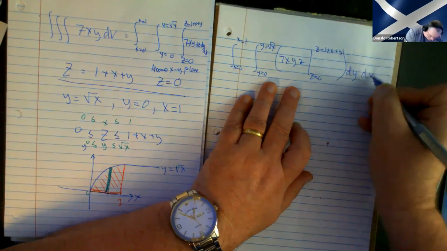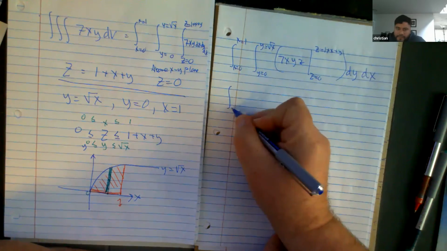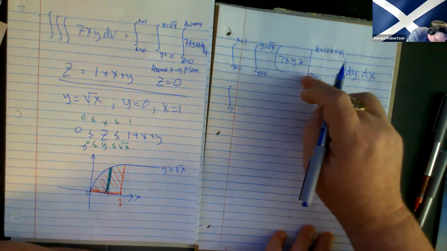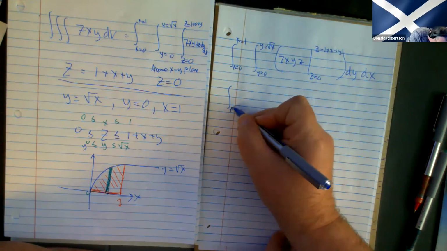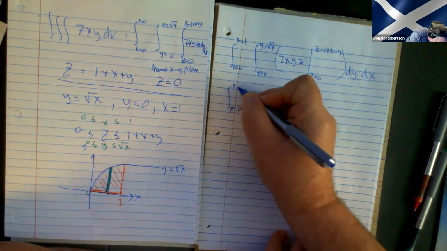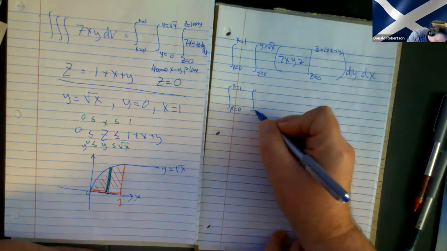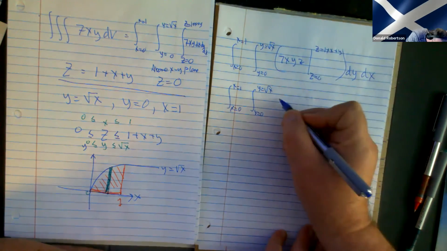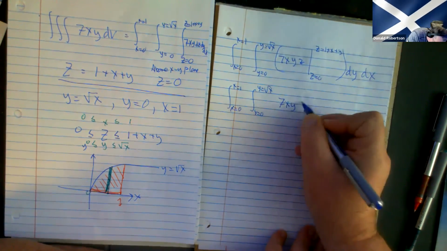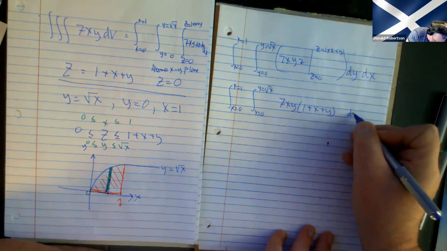Does that look similar to the way you approached that one? Yes. So we're just going to check, in case there's a mistake here, because all it needs is a plus 1 which should be a minus, and the answer is going to be wrong. And it might not be at the end that the problem happened. It might have happened here. So here we go. You're going to get 7xy times 1 plus x plus y, take away a whole load of nothings.